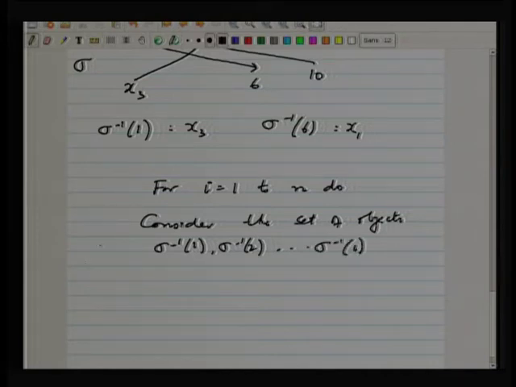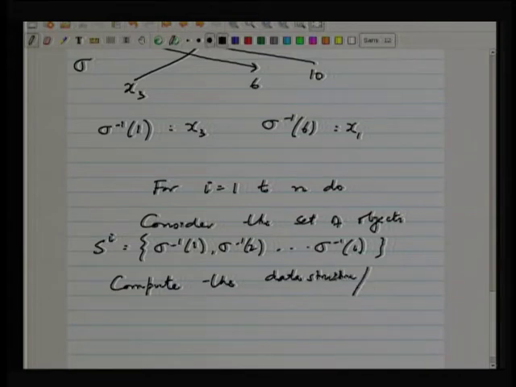Okay. Let us call it S sub i. Now, whatever function or whatever computation you are trying to do, you do it on this partial input, right. So, compute it could be a data structure, it could be a function, on S sub i. Okay.